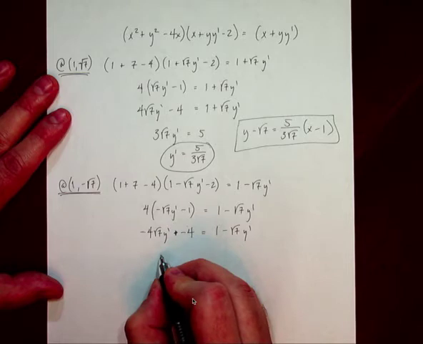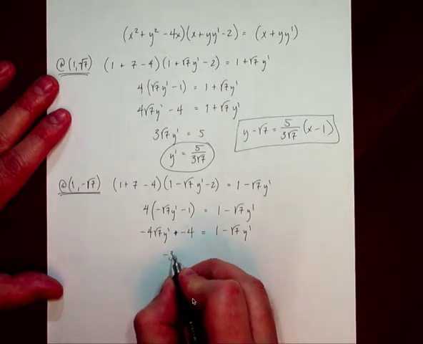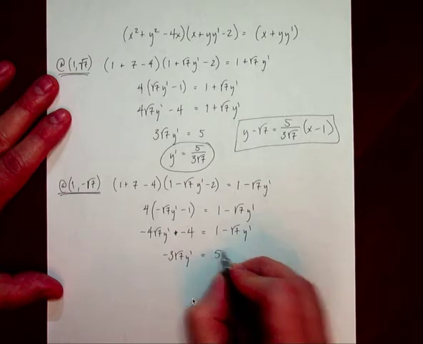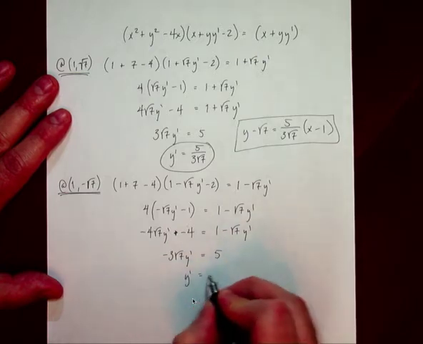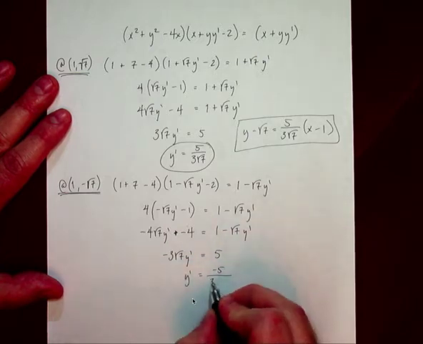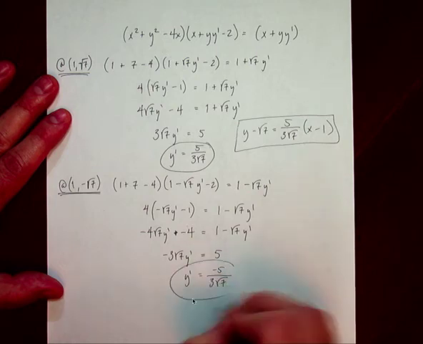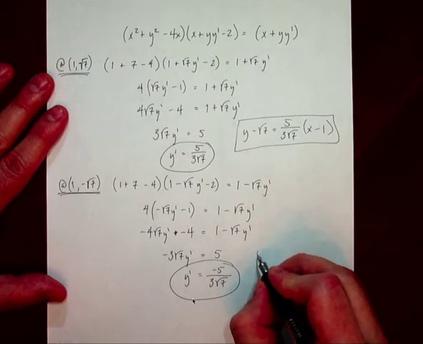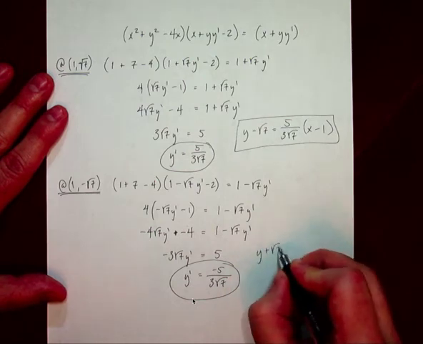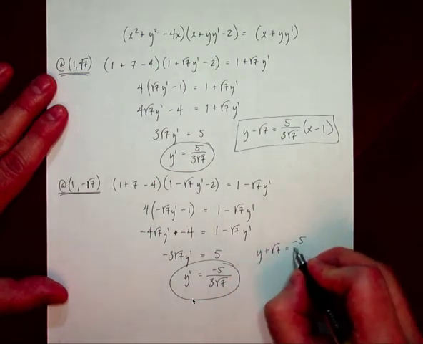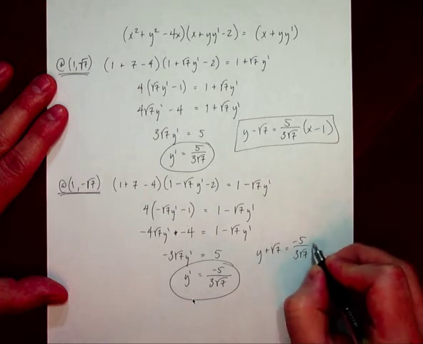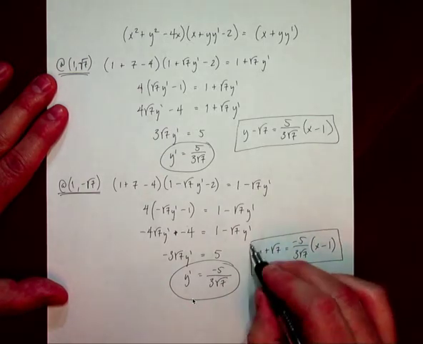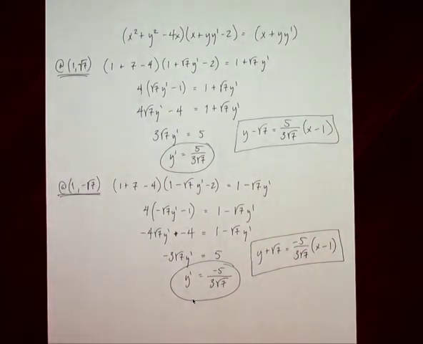And this winds up being negative 3√7 y prime and 5. So we see that it winds up just being the negative of what we had on the other side, which we kind of predicted. And so you have y plus √7 is equal to negative 5 over 3√7 times x minus 1. Okay, so there are your 4 tangent lines.